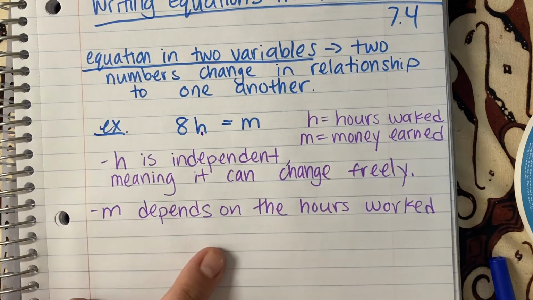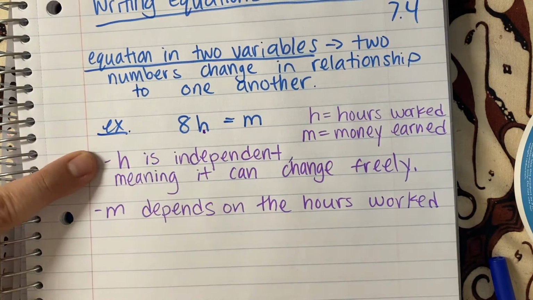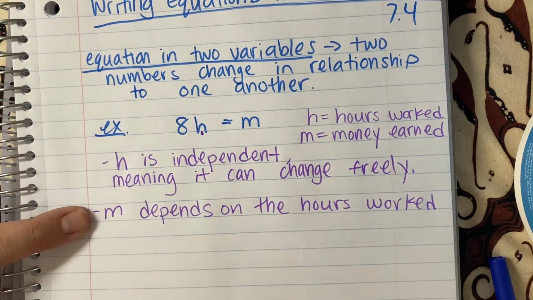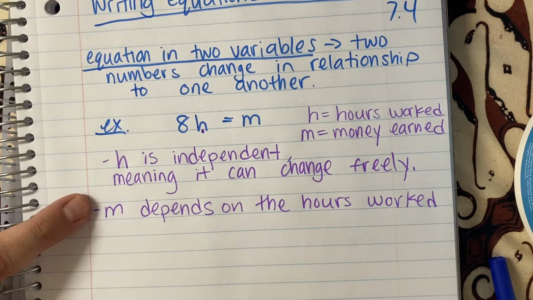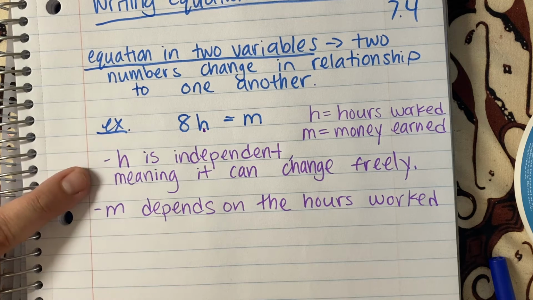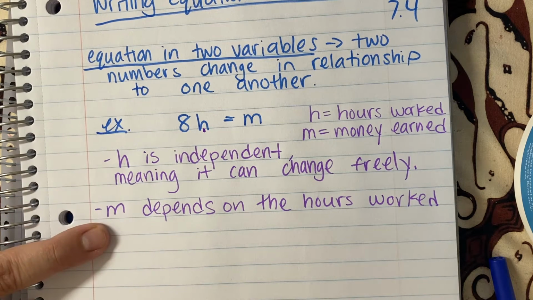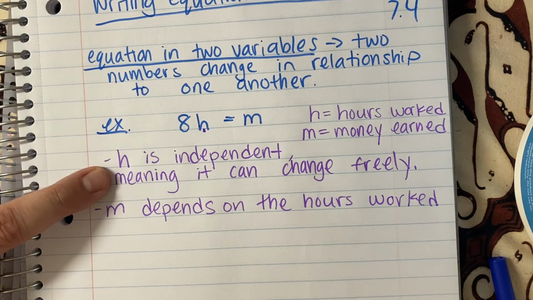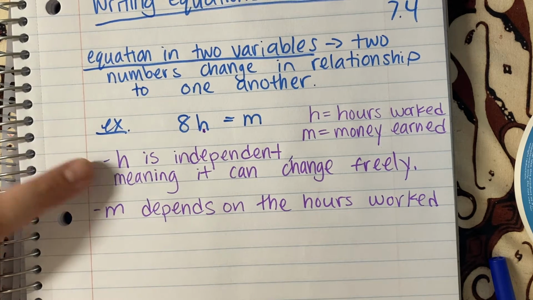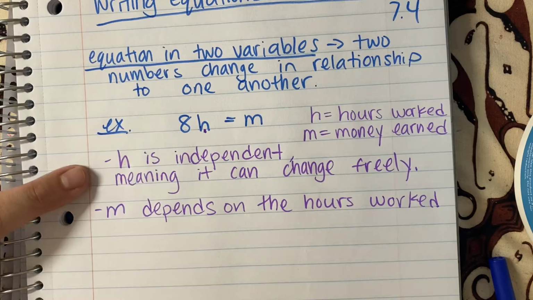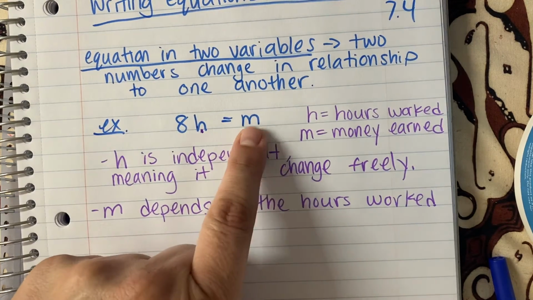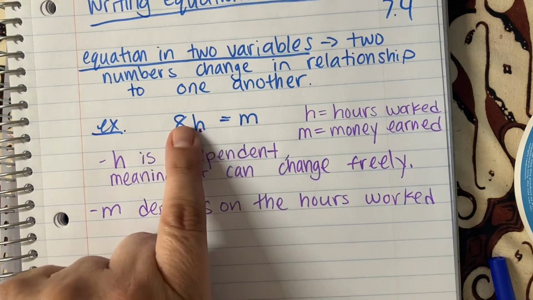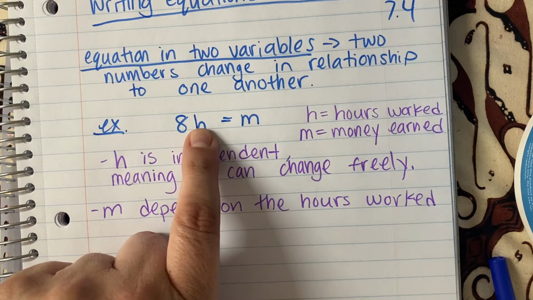But let's say if we normally work 40 hours a week, our money depends on how many hours I work, or maybe I had to take some days off work for a vacation and I work less hours. So then the money will be less, right? We know that the hours can change depending on the needs of the job, and the money depends on the hours worked. So how much we make, our money earned, depends on the hours we work.